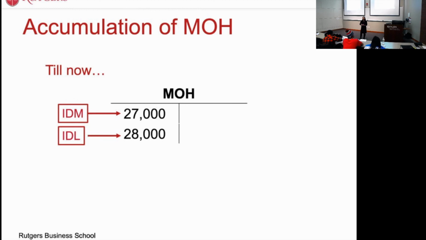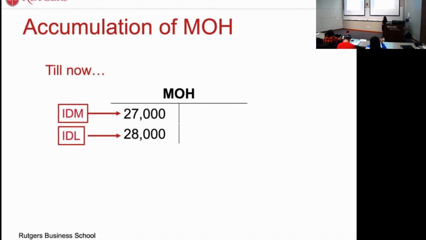And in the process, we accumulated manufacturing overhead by adding the indirect materials and indirect labor to the overheads, right? So that's what we covered till now. When we use the material, when we use the labor, we have the indirect part, and that part goes into the overhead, right? So that's the current story.